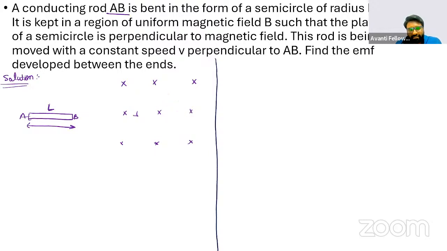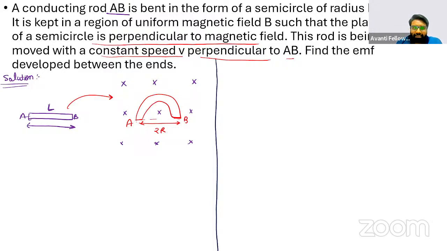Let me use another color. I have bent the same rod in the form of a semicircle. So what would this length be? The semicircle has radius r, so this is the diameter of the semicircle, which is 2r, and this is end A and this is end B. The velocity is constant speed v perpendicular to AB.